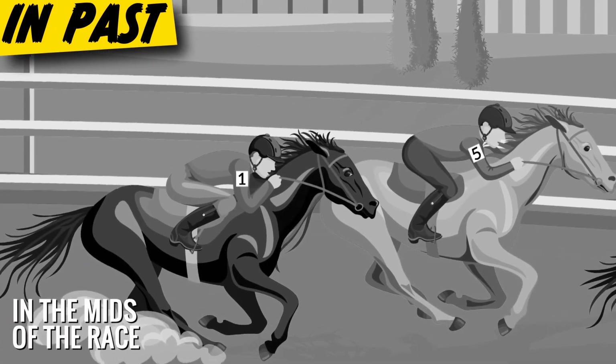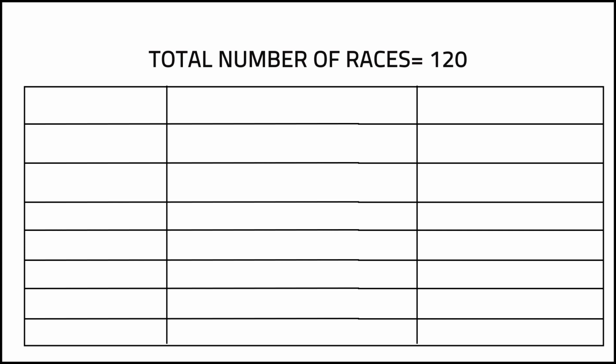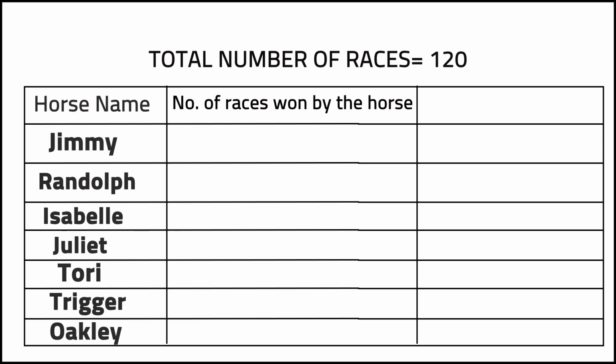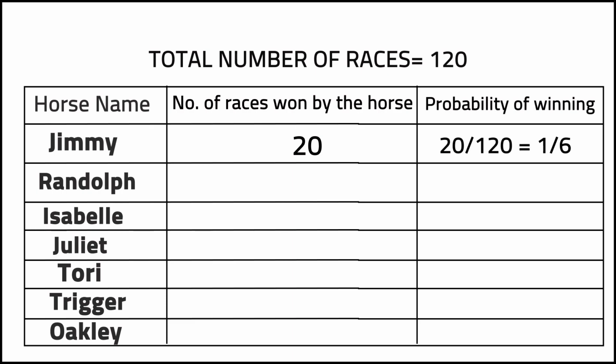The updated table was: total number of races is equal to 120. The names of the participating horses are Jimmy, Randolph, Isabel, Juliet, Tori, Trigger, and Oakley. The number of races won by Jimmy are 20. So the probability of winning for Jimmy would be 20 upon 120, which is equal to 1 by 6.